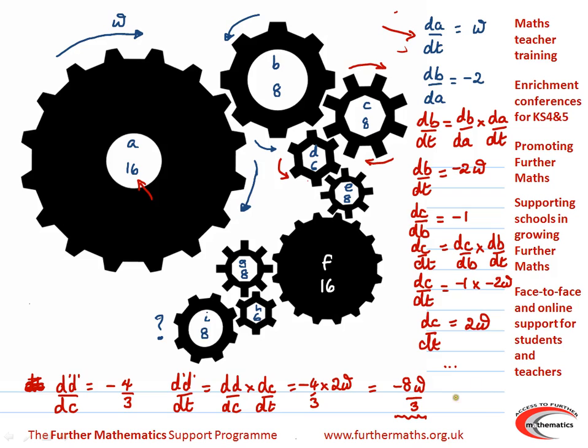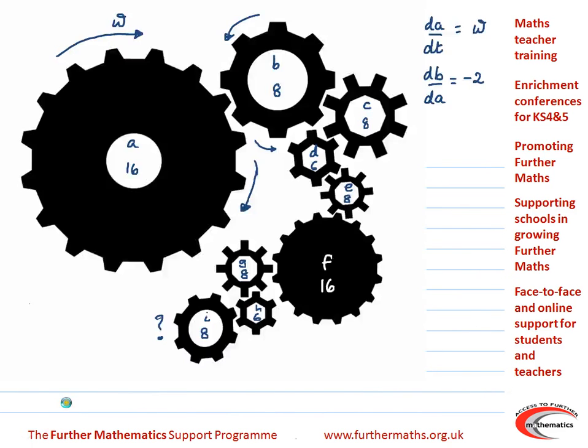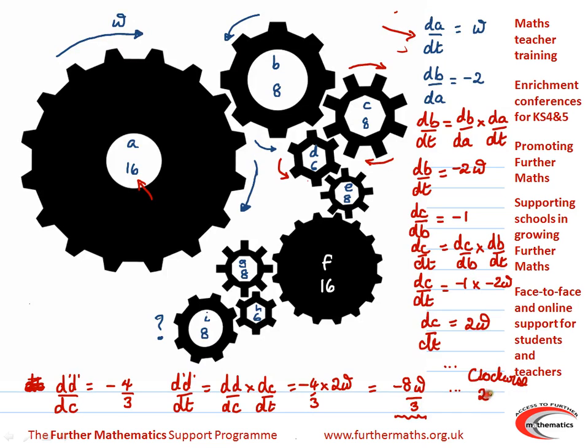You can continue this calculation all the way through, working through E connected to D, F connected to E, and so on, and eventually you should be able to find the rotation for I, and I think you should discover that I ends up going in a clockwise direction, and it should be moving, oops, my mistake, sorry, and it should be moving clockwise at 2 omega, but you can check that for yourself.